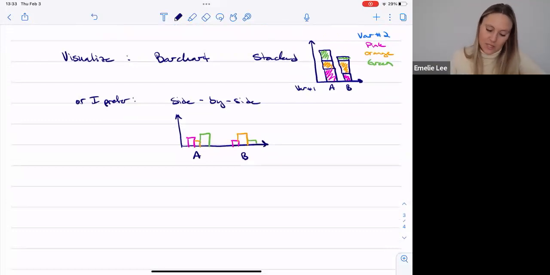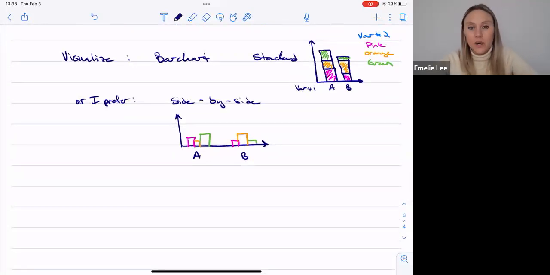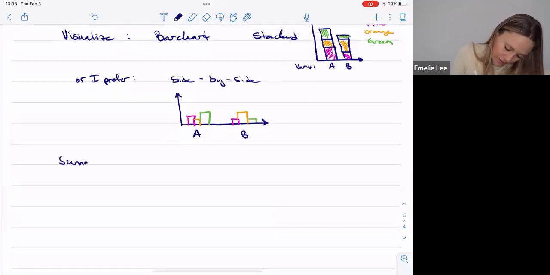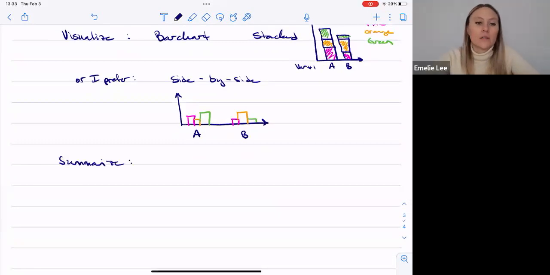So to summarize this, and I mean, there are other options, but these are kind of the ones that we're going to stick with. We don't really need anything more than this. Okay, so to summarize, I can summarize this using a contingency table.